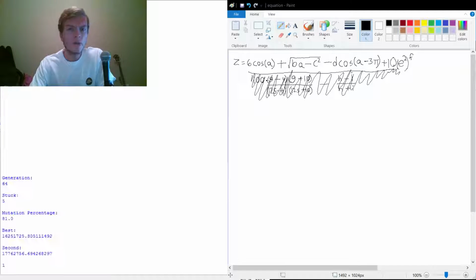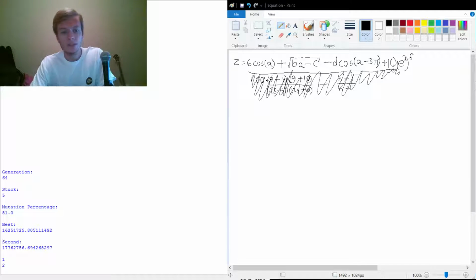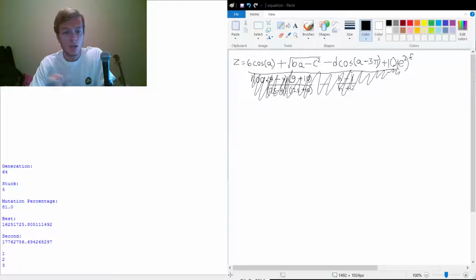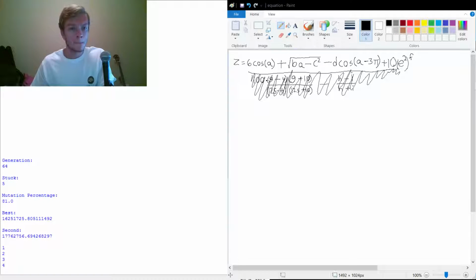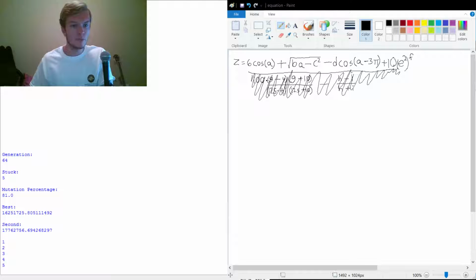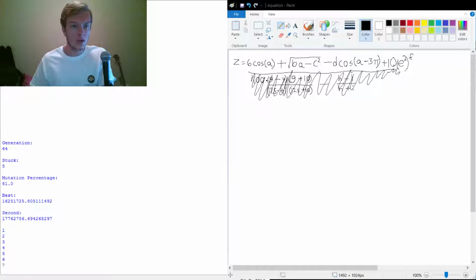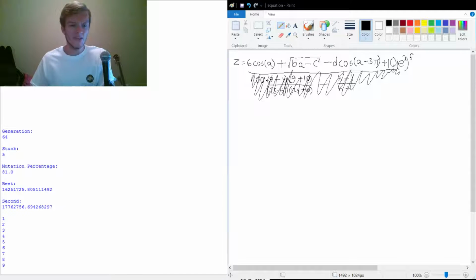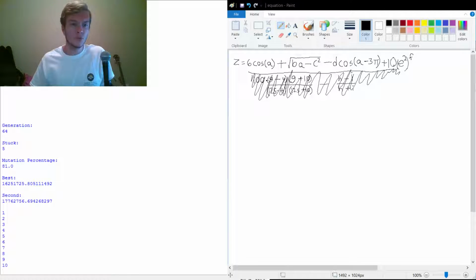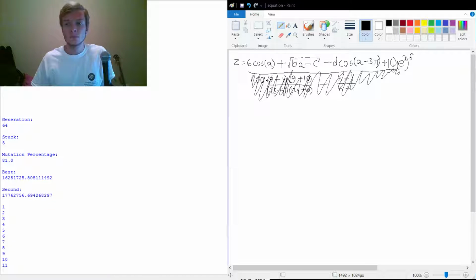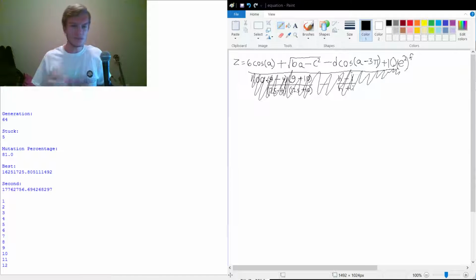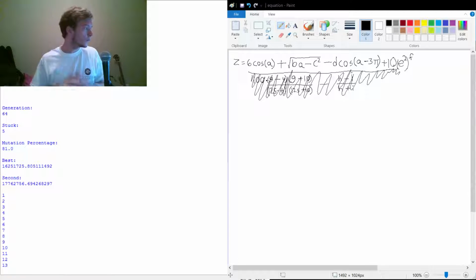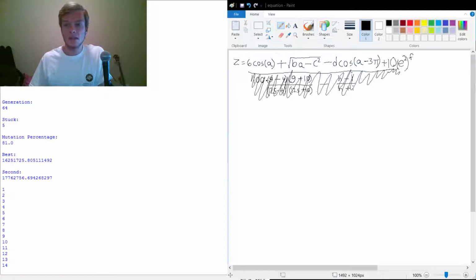So it was going along the right track, but this was at generation 162, and it actually made this improvement way back at, I'm looking for it, generation 52. So it was kind of stuck, and I couldn't really figure out what the problem was, but this is something I'm going to toy around with in the days to come.